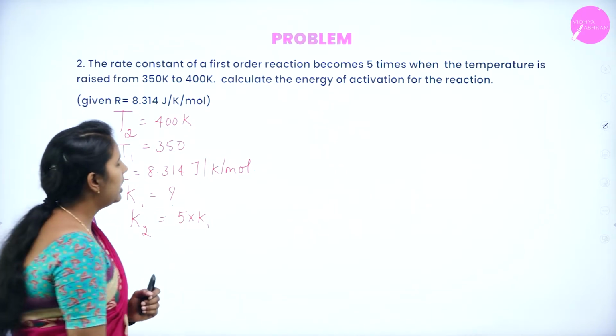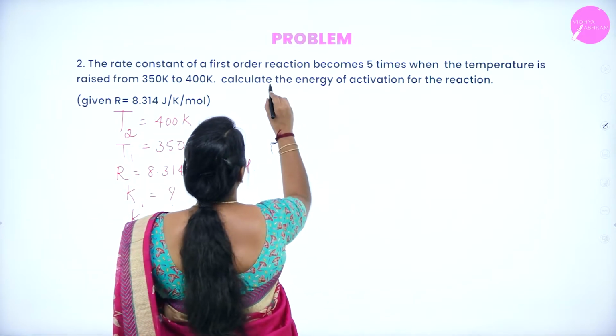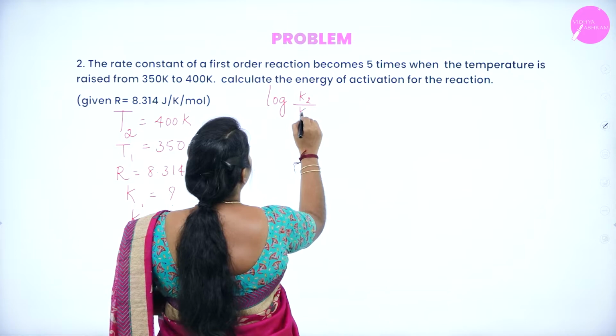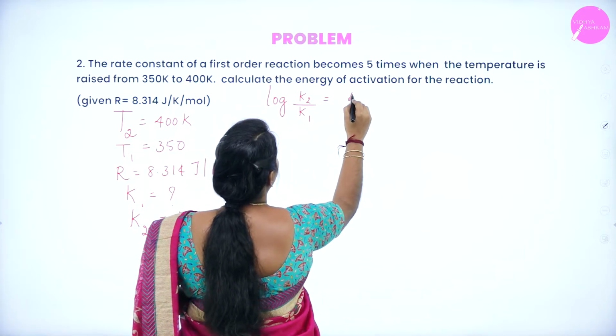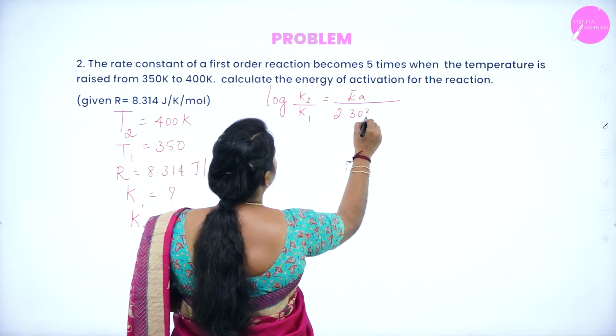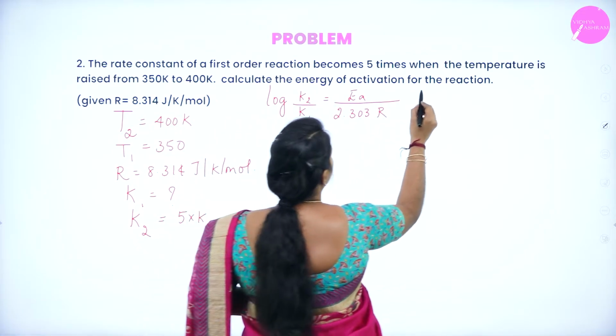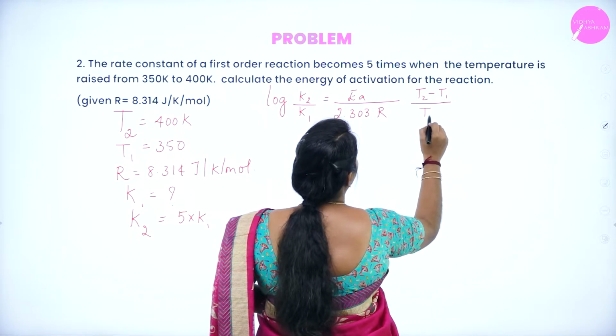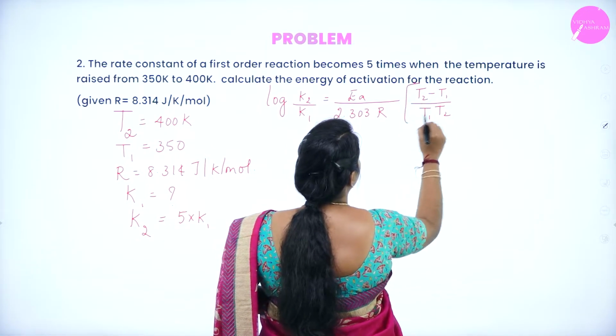Is it right? Now I'll write the Arrhenius equation: log K2 divided by K1 is equal to EA divided by 2.303 into R into (T2 minus T1) divided by T1 and T2.